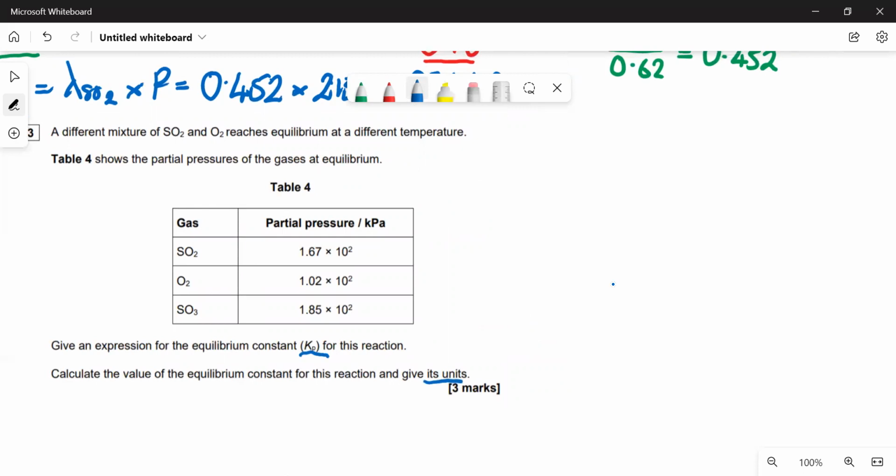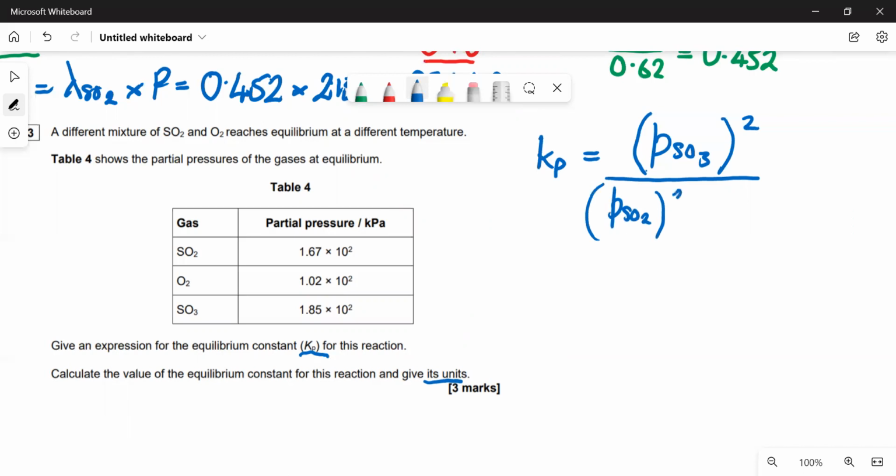Okay, so Kp is going to be equal to the partial pressure of the products, which is SO3, and that's going to be squared because it's 2 moles of SO3, divided by the partial pressure of SO2, multiplied by the partial pressure of O2. The SO2 is squared as well because there are 2 moles of SO2 in the equation. We don't square the O2. It's only 1 mole of O2.